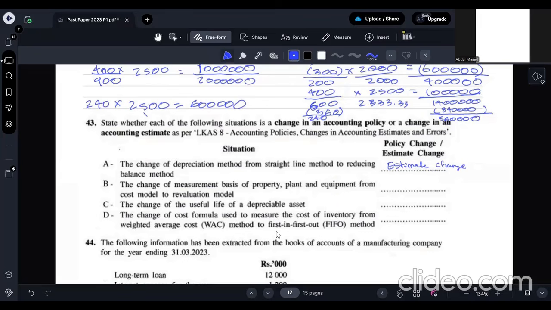The change of measurement basis of PPE from cost model to revaluation model, that will be a policy change. The change of useful life is an estimate change. The change of cost formula used to measure the cost of inventory from WAC method to FIFO method, that is a policy change.